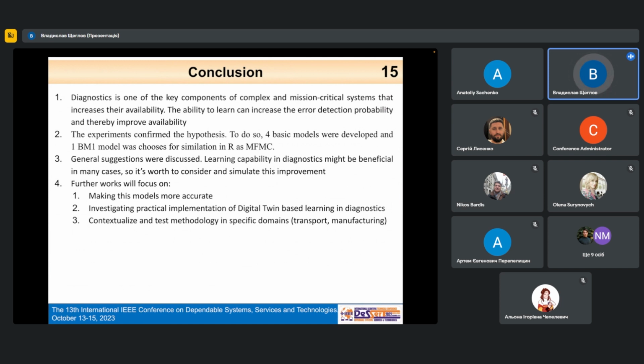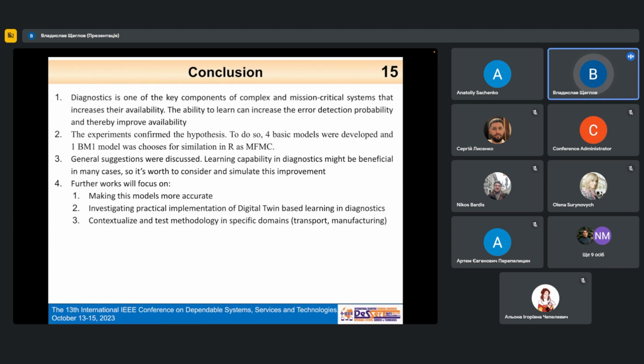Diagnostics is one of the key components for critical systems that increases availability. But at the same time, learning capability can increase the availability of the entire system even more. Our experiments confirmed the hypothesis, and that means that almost in all cases, learning capability is profitable.